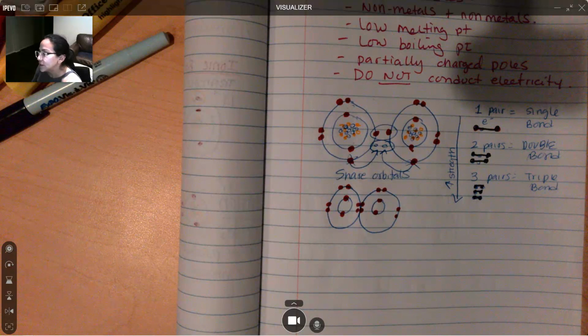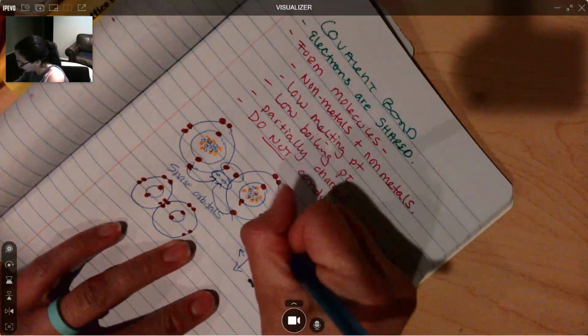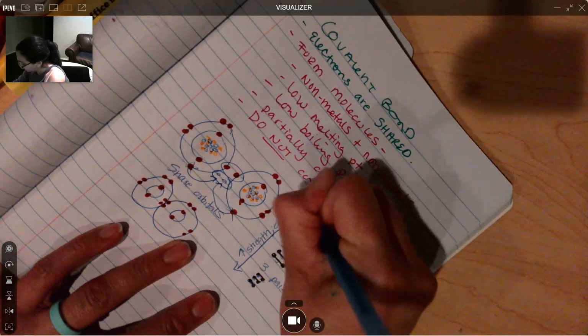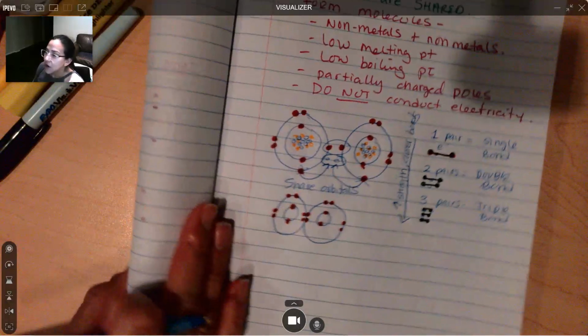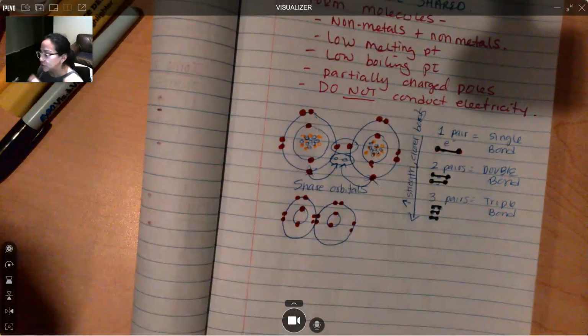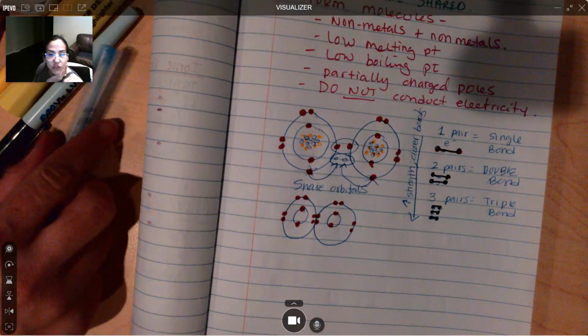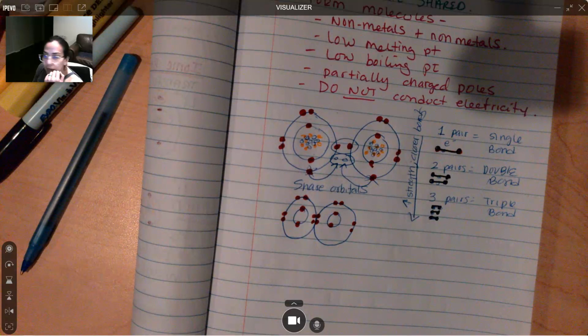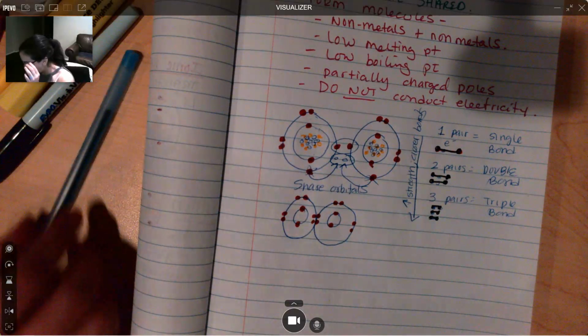So it increases in strength and they tighten up, so they get closer together and closer bonds. And the closer the bonds are, the harder it's going to be to tear those 2 atoms apart from each other. All right, let's go into polar, nonpolar.